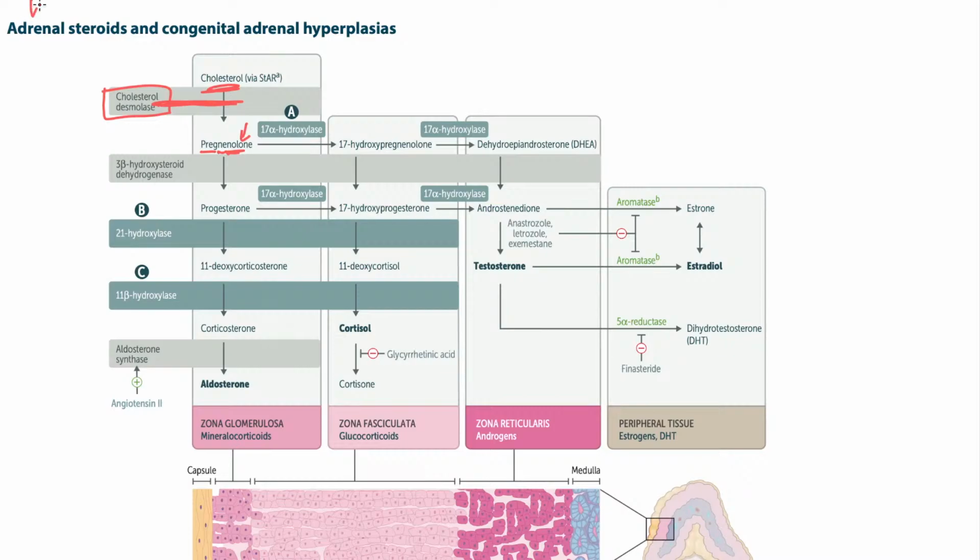If you recall, you had the hypothalamus, which is secreting something known as CRH, corticotropin releasing hormone, which was stimulating the release of ACTH.